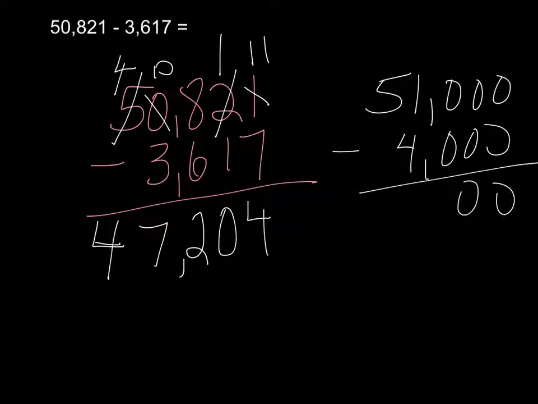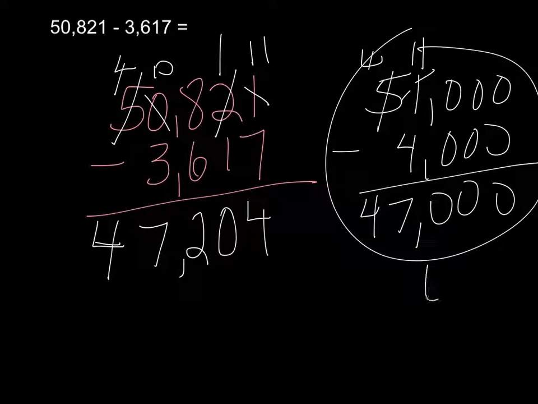This probably isn't even a really good estimation because I'm still regrouping, but it does show that it's going to be about 47,000, and in fact, it is about 47,000. So this estimate makes me happy. I can feel pretty accurate.